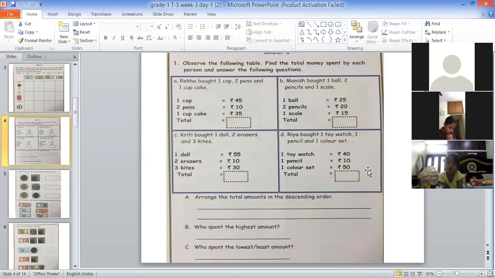Page number 12, write date and classwork quickly. Okay, now we'll start.